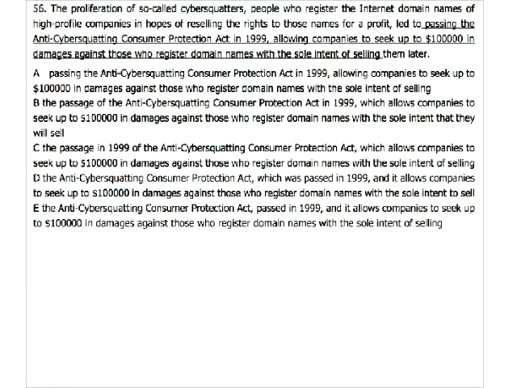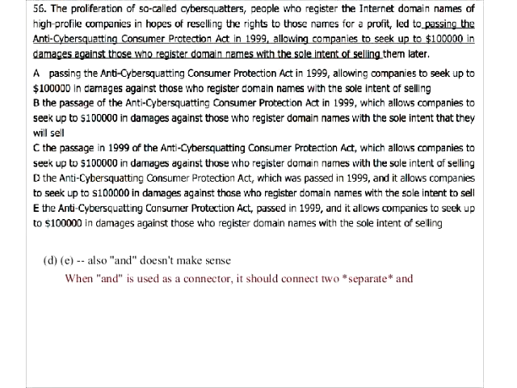Let's see, more things wrong with D and E. Also, and doesn't make sense. When and is used as a connector, it should connect two separate and independent things.